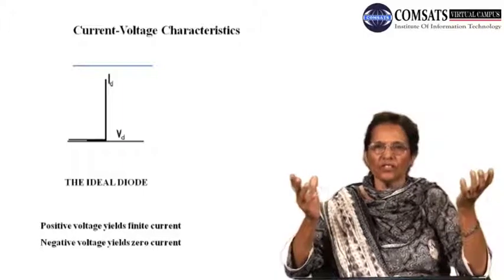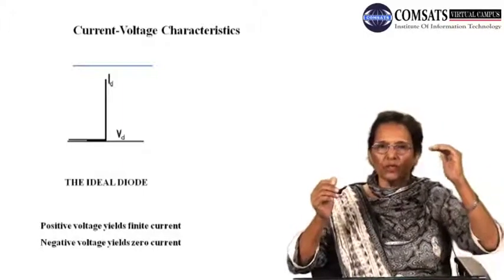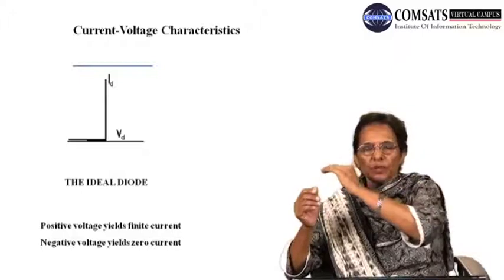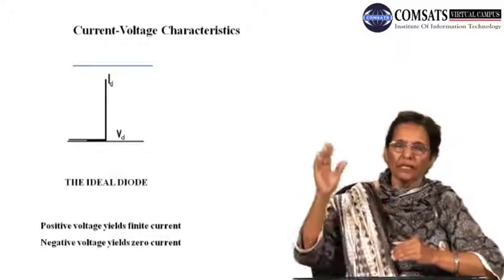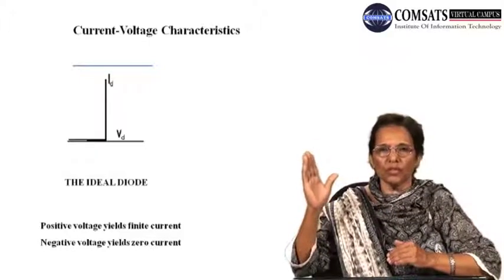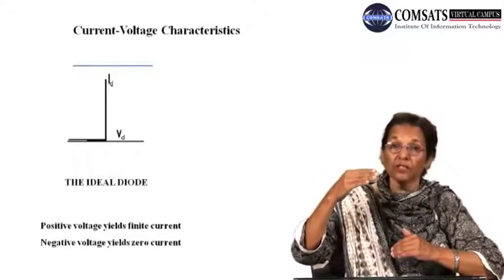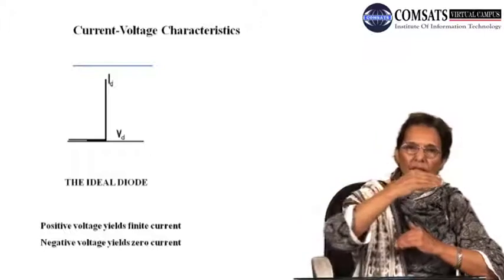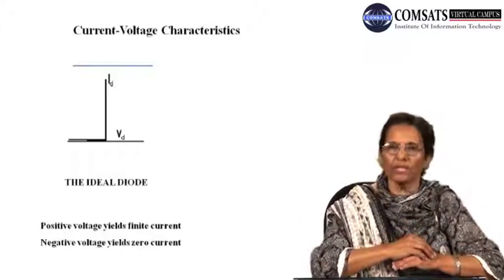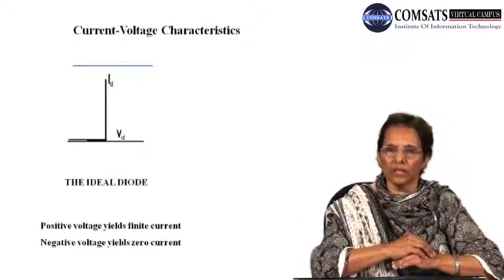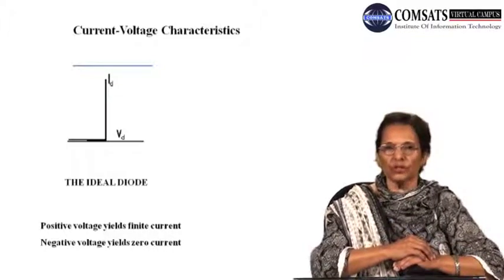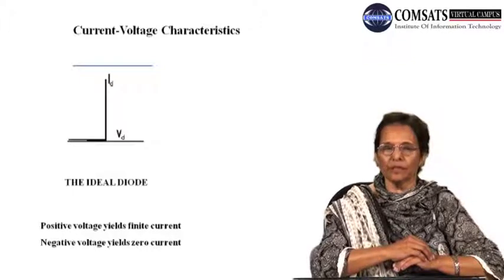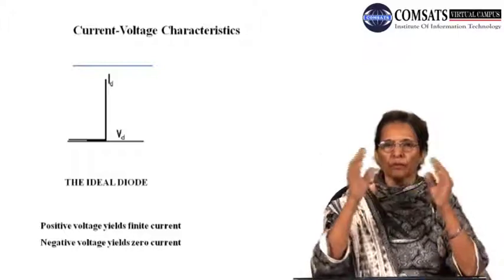Therefore, there is a concentration gradient. Majority electrons would be moving towards the p side where electrons are in minority. Similarly, there are majority holes on the p side, and they would be moving due to the concentration gradient to the n side, because on the n side holes are in minority. This type of motion due to concentration gradient is termed diffusion. Hence there is a diffusion current.